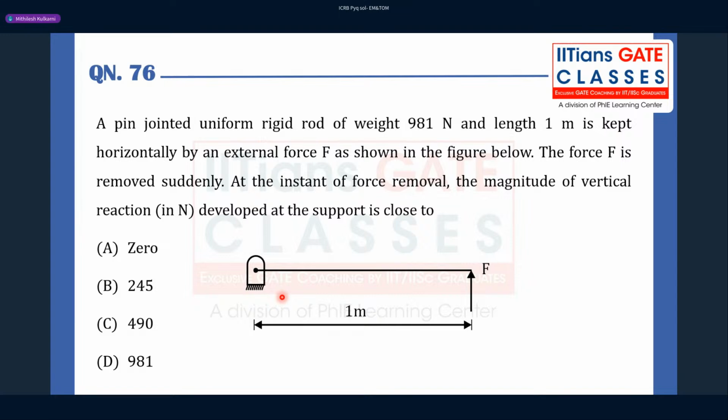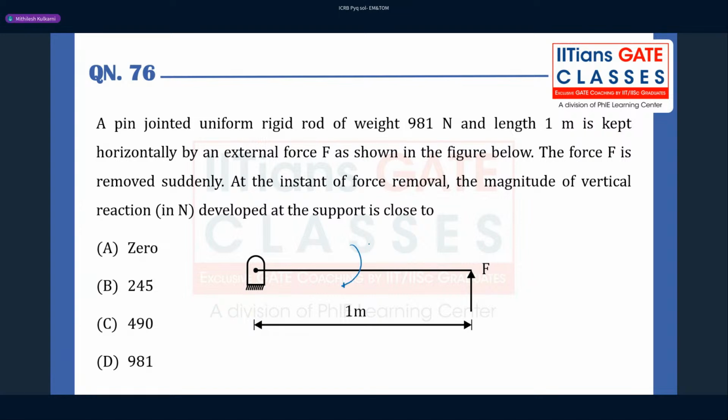Let's try to solve this question. So whenever this support F is removed, what is happening? Body will try to rotate about this support, because it's a hinge support, it will try to rotate. It will rotate at, let's say, the torque, which is I alpha.